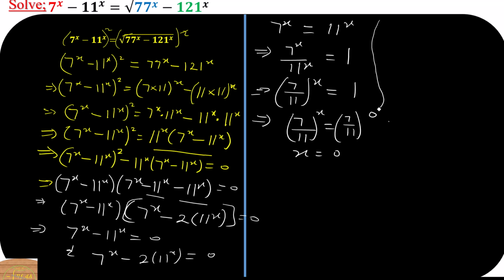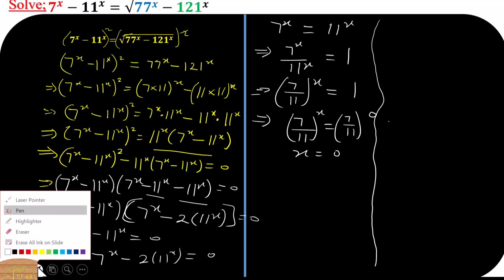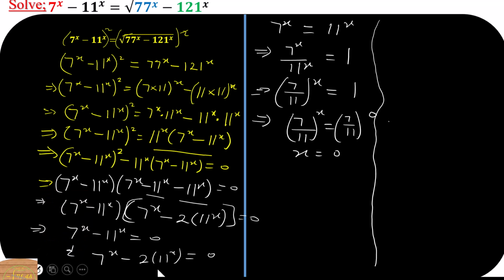So that's the first answer. Now let's look at the second answer. We have 7 raised to x minus 2 times 11 exponent x equal to 0, so let me send 2 times 11 exponent x to the other side. The second solution is 7 raised to x equal to 2 times 11 raised to x.